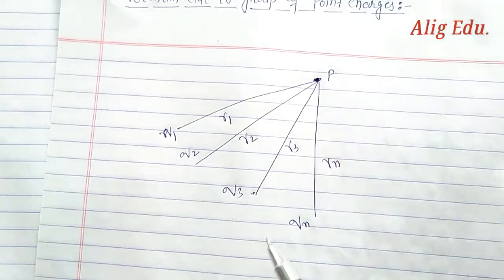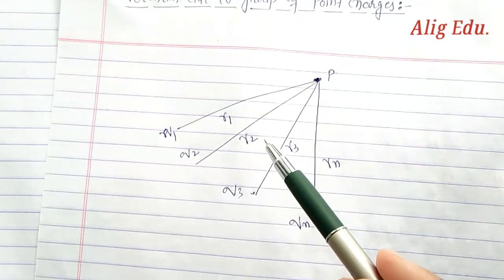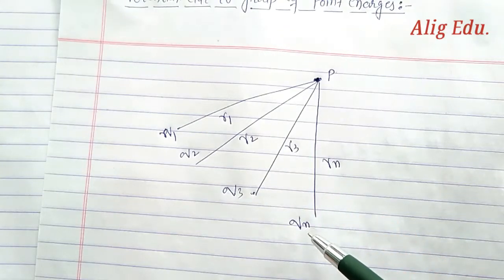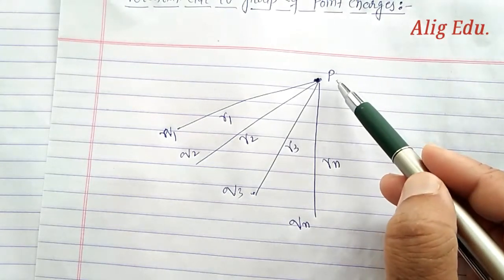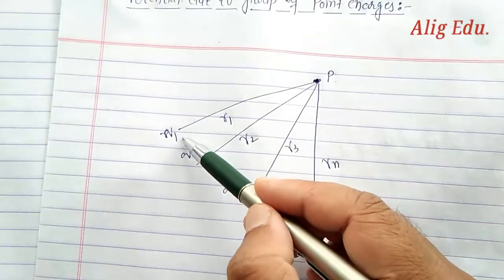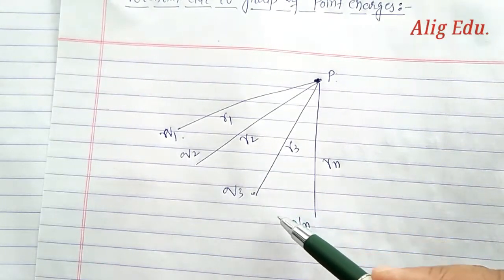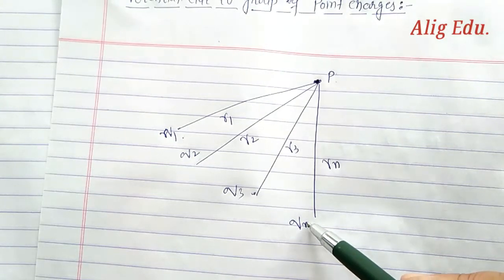So let R1, R2 up to Rn be the distances of point P from the group of charges Q1, Q2, Q3 up to Qn respectively.